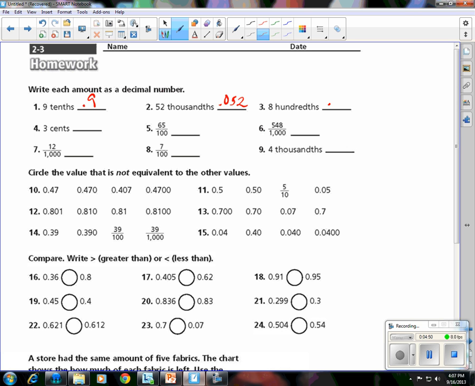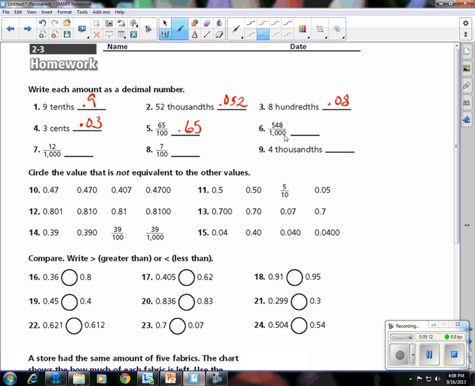Well, there's no tenths, so a 0 in my tenths spot, an 8 in my hundredths spot. 3 cents, right? If you had 3 cents, you would have 3 pennies. Well, 3 pennies written like money would look like this. Okay, 65 hundredths, decimal, and a 65.